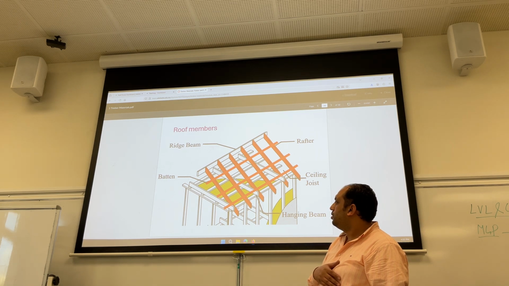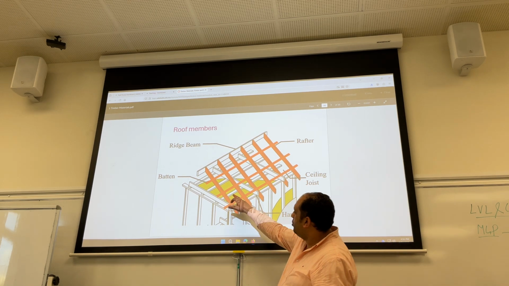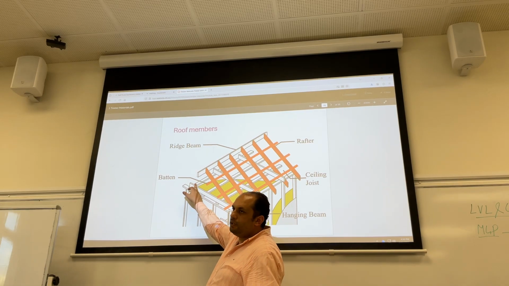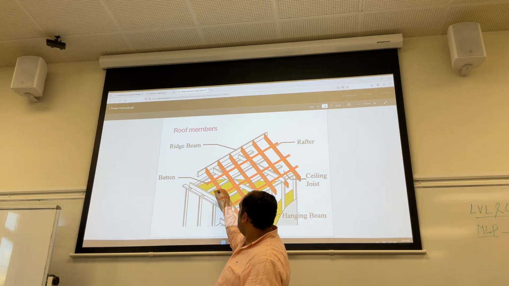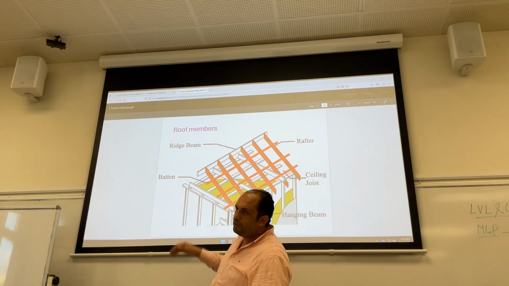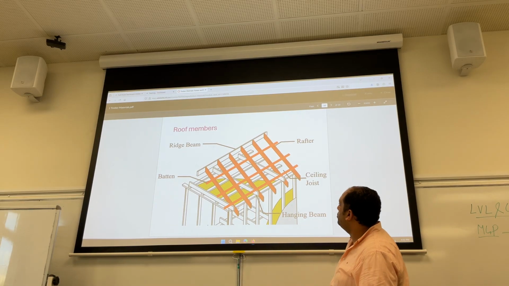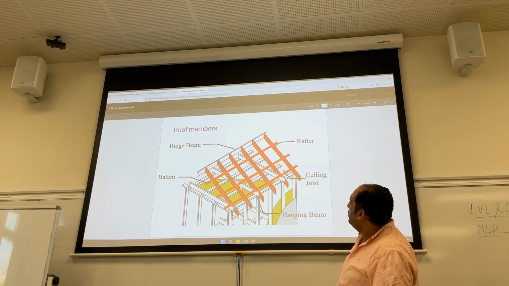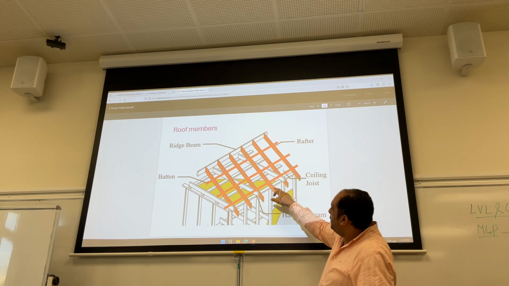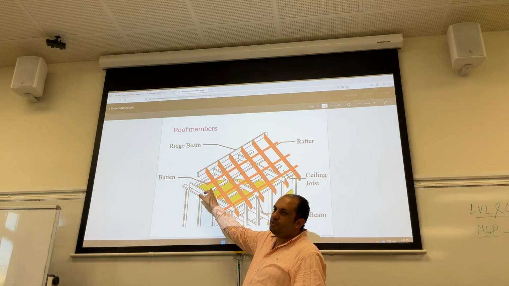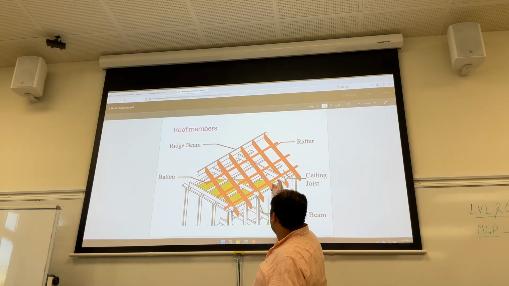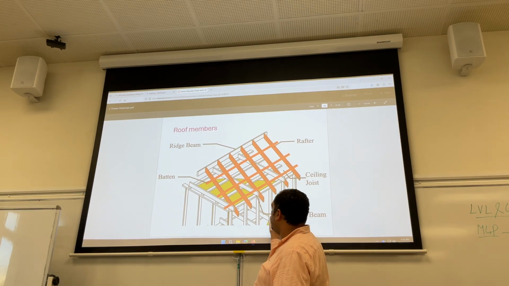You see these horizontal elements here. So this beam is hanging this horizontal beam or horizontal joist. Okay, so this is the ceiling joist. The white ones are the ceiling joists. So the ceiling joists are hung by the hanging beams.